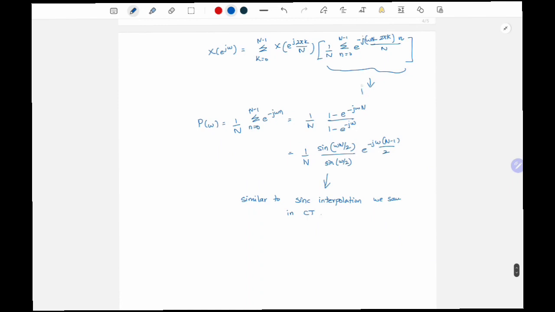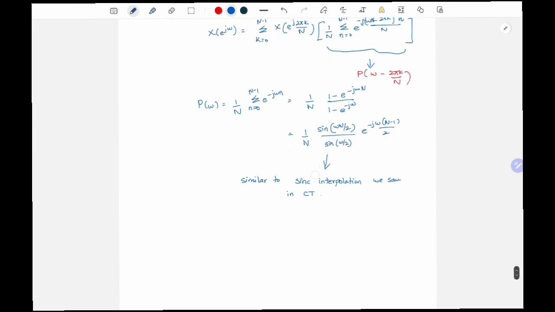Okay. So now again comparing this with this, the signal is nothing but P(ω minus 2πk/N), right? So in my X(e^jω), I can replace this function by this thing: X(e^j2πk/N) into P(ω minus 2πk/N).